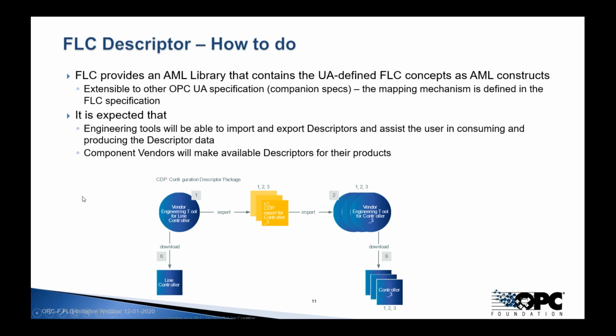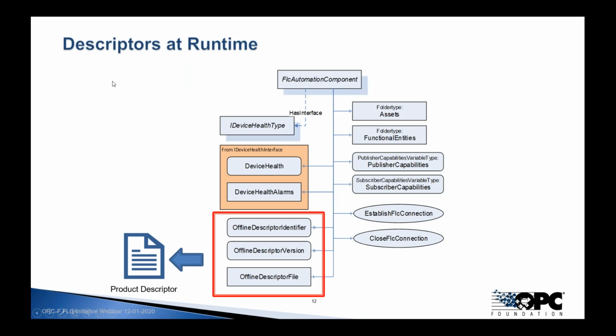Okay, now I would come to my last slide, and this is just about coming back a little bit to the presentation from Paul Hunkar. The descriptor is, of course, clearly an offline engineering concept, but it can also be available at runtime, because in the information model there is a section where it is possible to access the descriptor as a file.